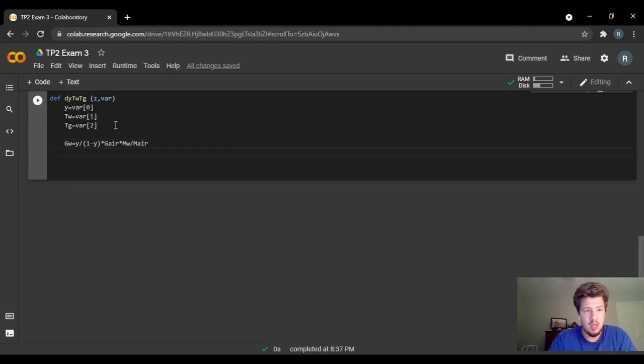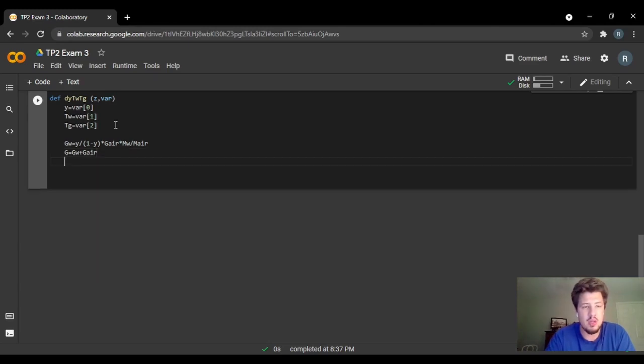That solves that problem. Then we also need to call this a gas flow rate, so we need to combine those two flow rates, water and air. Again, we'd use this as one variable within the problem, but in real life it is a little bit messier.